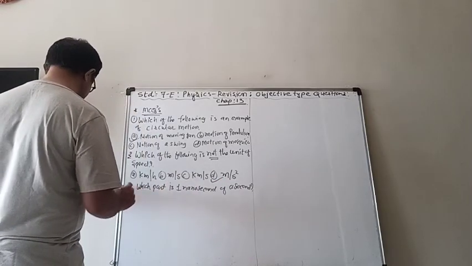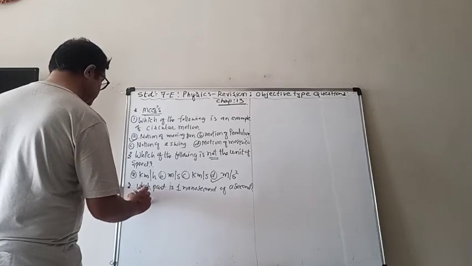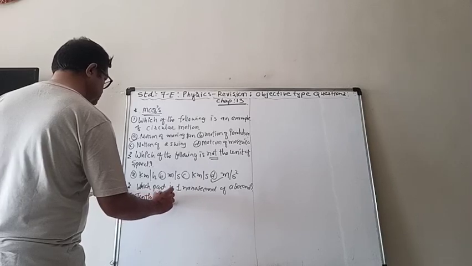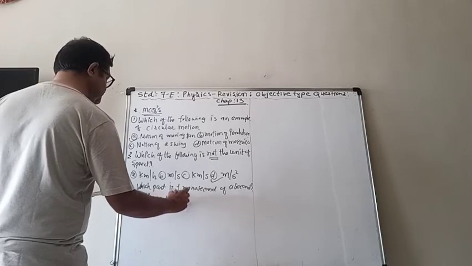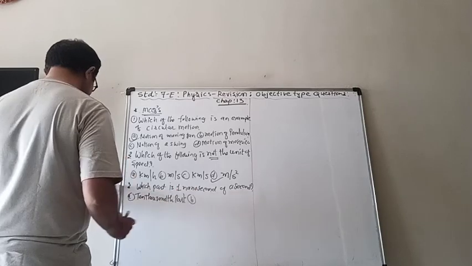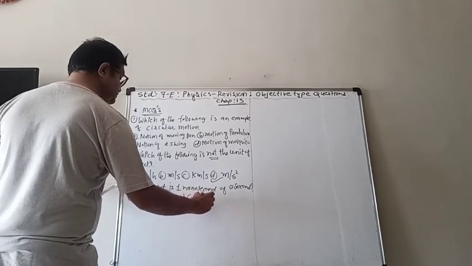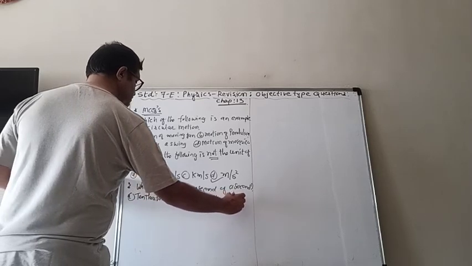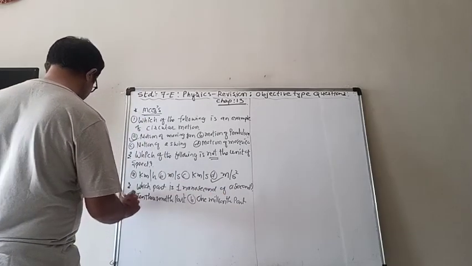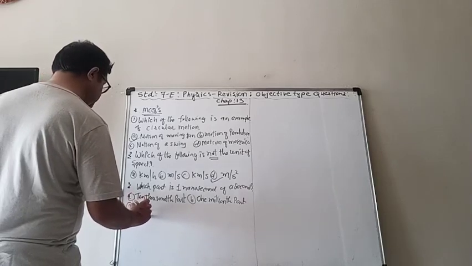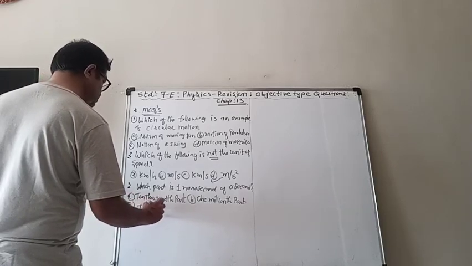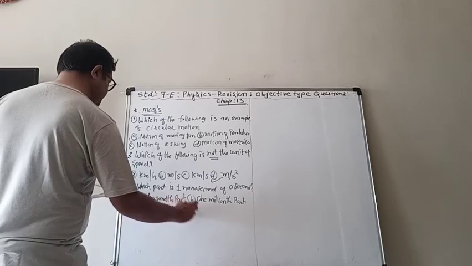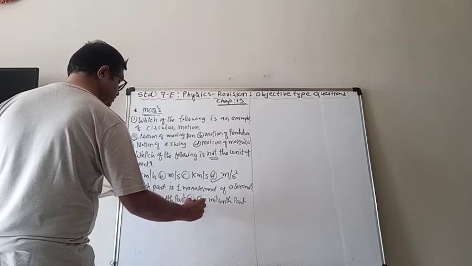A, 10,000th part, B, 1,000,000th part, C, 10,000,000th part, and D, 1,000,000,000th part.